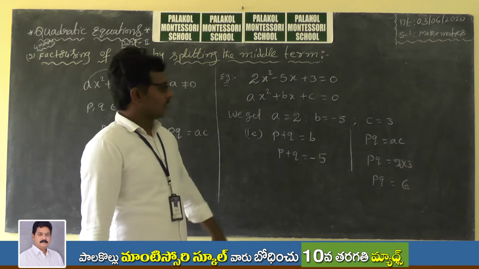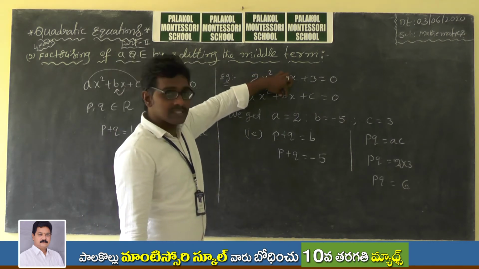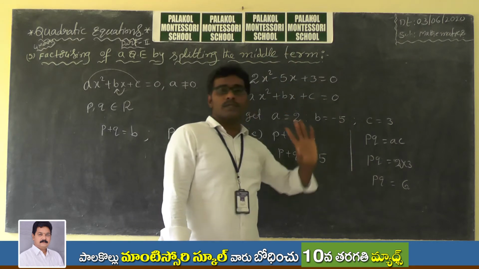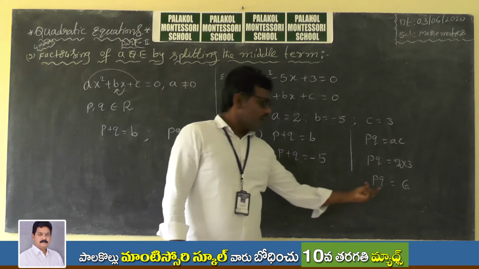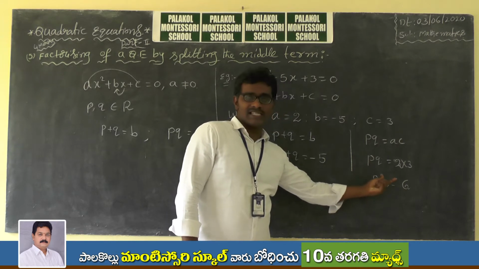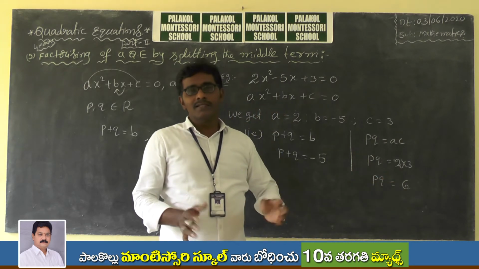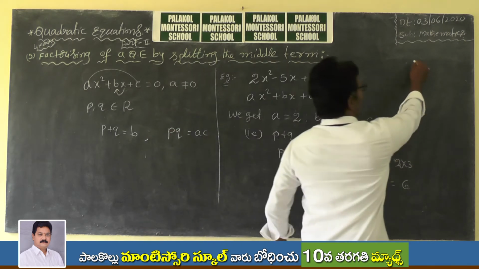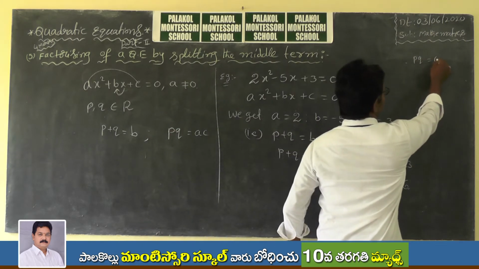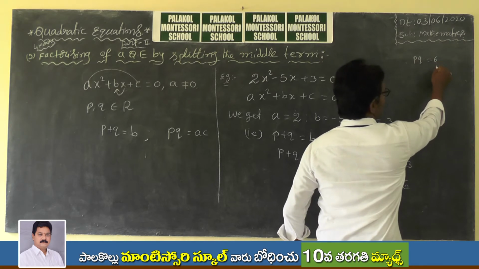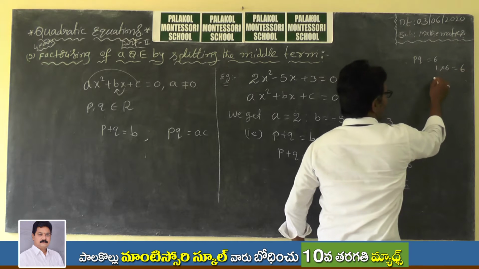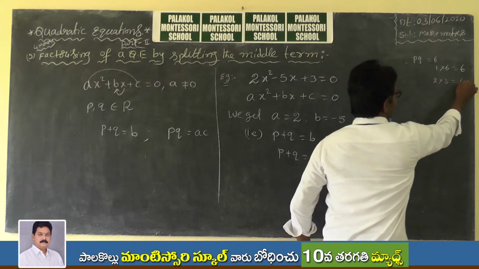Wait. The splitting of the middle term depends on this product. So you get the product 6 here. Now you can write the factors of 6. See, pq is equal to 6. I write the factors: 1 into 6 is equal to 6, 2 into 3 is 6.